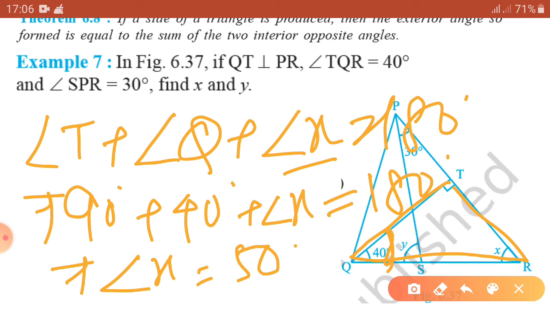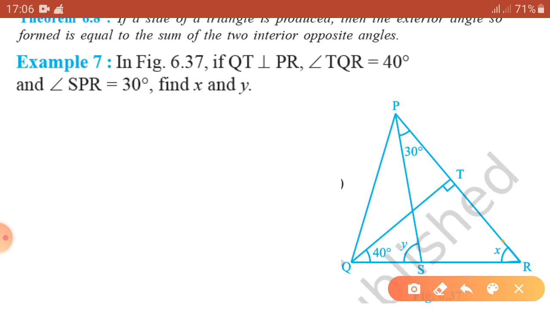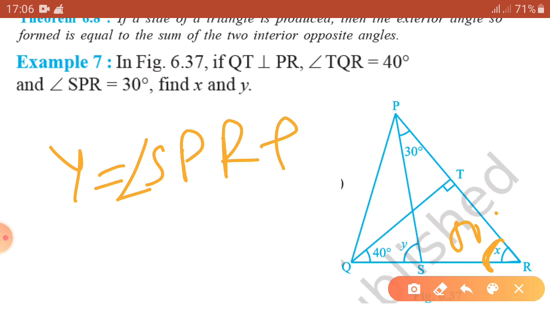So we are getting X is equal to 50 degrees here. If X is equal to 50 degrees, then we can say that Y equals angle SPR plus angle X. SPR is this angle.